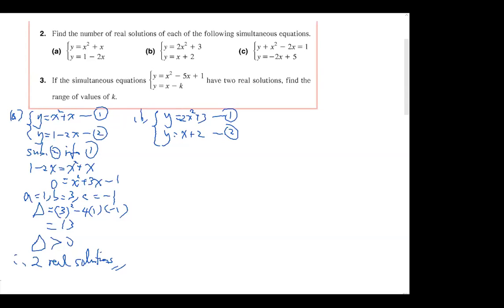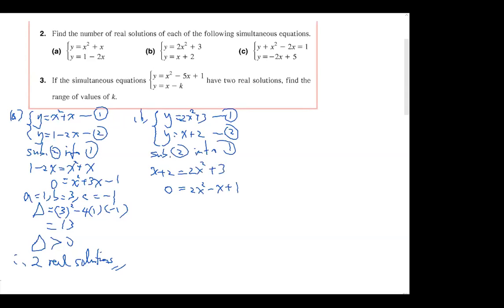So we can substitute equation 2 into equation 1 directly. So it becomes x plus 2 equals 2x squared plus 3. Moving all the terms to one side, keeping square term positive, it becomes 2x squared minus x plus 1.